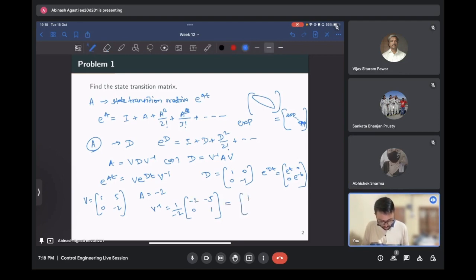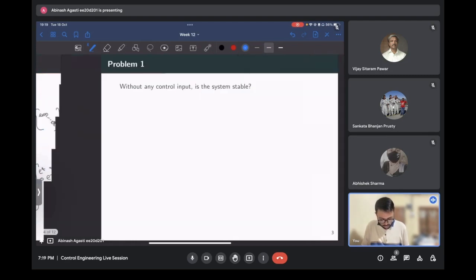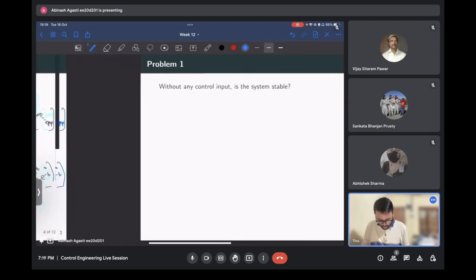So this is 1, 0, 2.5, minus 0.5, right? Just check once. 1 times 1 is 1, this is 0, and this is 1. Correct. So V inverse is this. V is this.